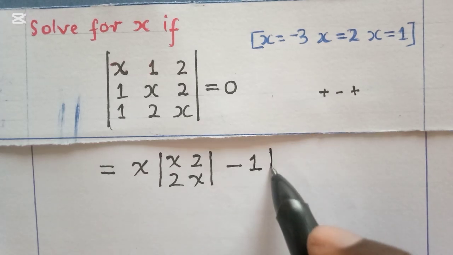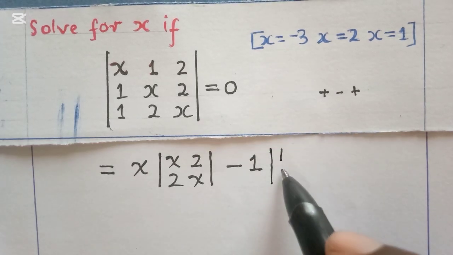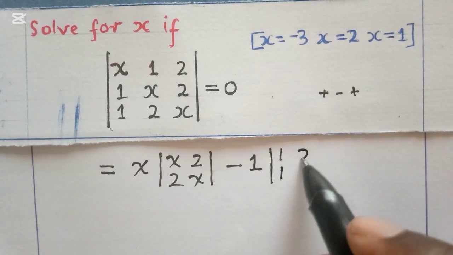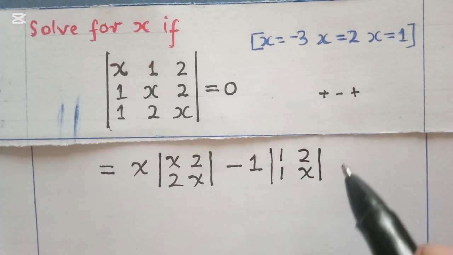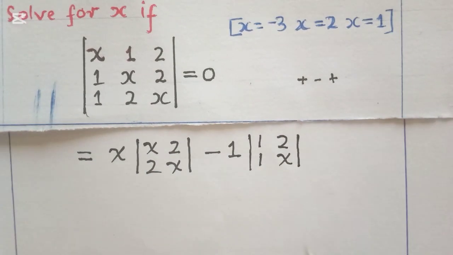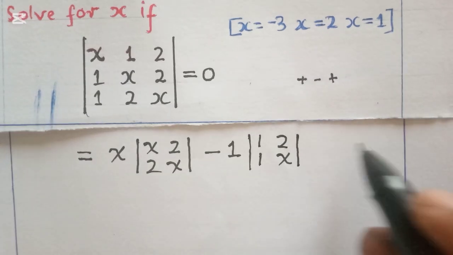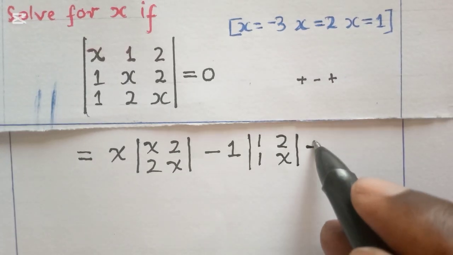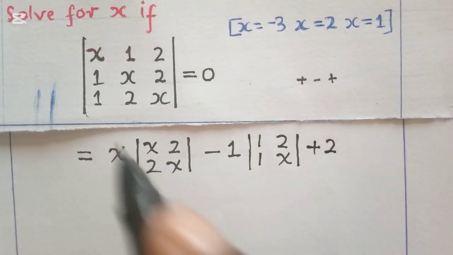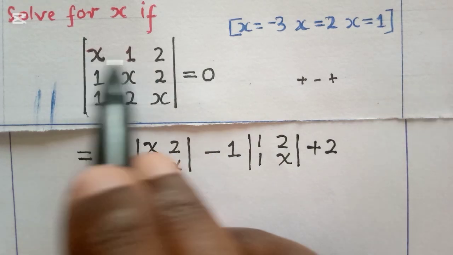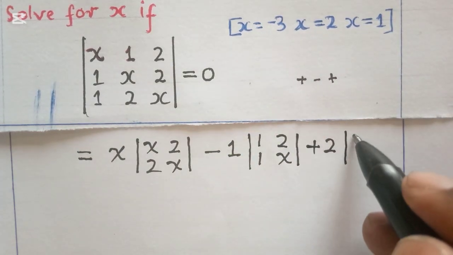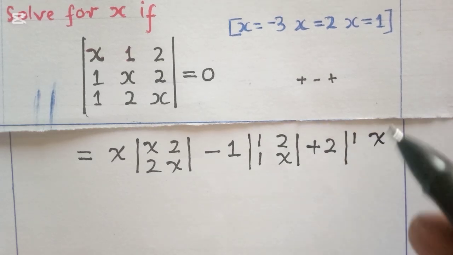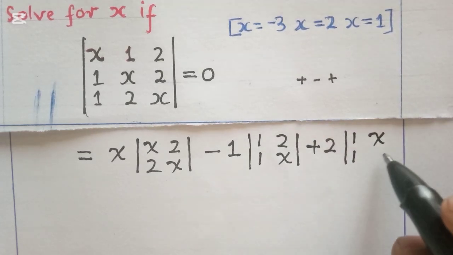So we shall write 1, 1, and then here we have 2x like that. We continue. We now cover the last number, which is 2. We write here plus 2. We cover its column and its row. And then we are left with 1, 1x, and 1, 2.